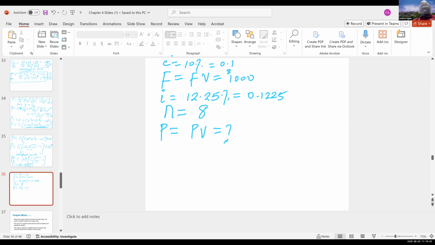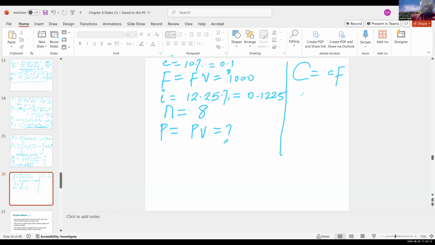Very easy. Now the first thing we need to do is figure out what the payment is. The payment is a coupon payment. In the financial calculator, the payment is the PMT function. For a coupon bond the fixed payment is C, and the formula is: you take the coupon rate, little c, and multiply that by the face value.